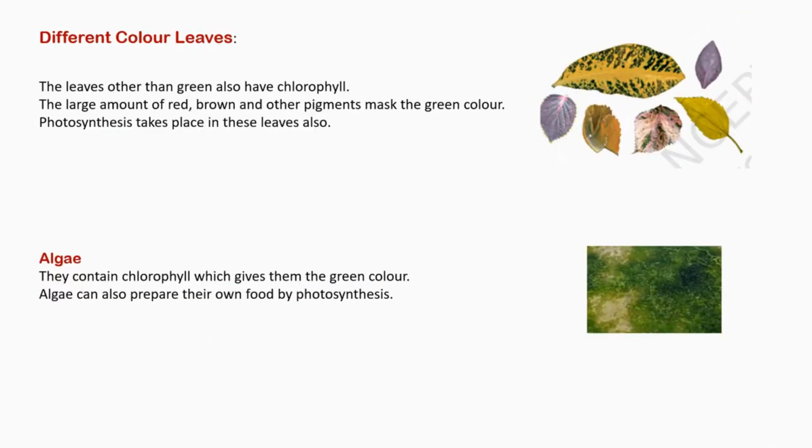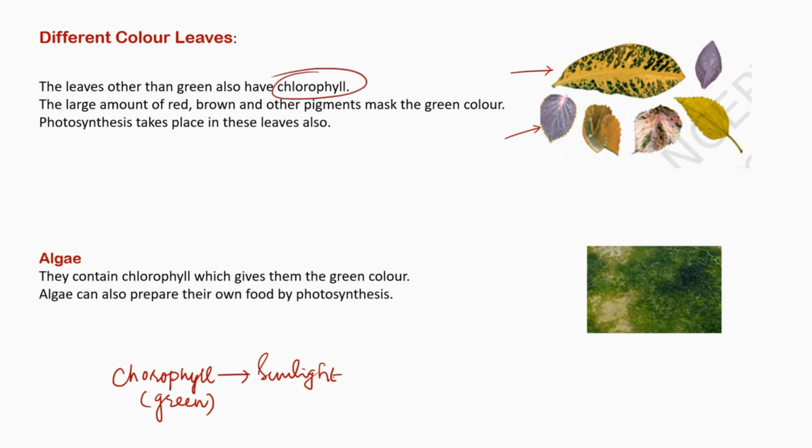Now, as we know, chlorophyll is a pigment which absorbs sunlight, and it is a green color pigment present in the leaves. As you can see in the figure, some leaves have different colors. Will they be able to perform photosynthesis without chlorophyll? The leaves other than green also have chlorophyll.